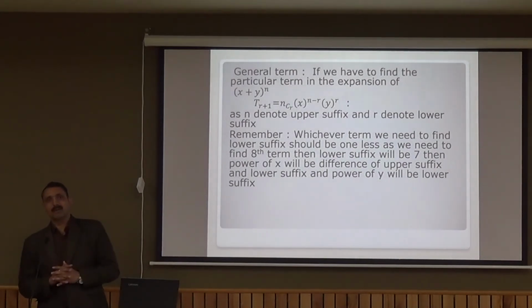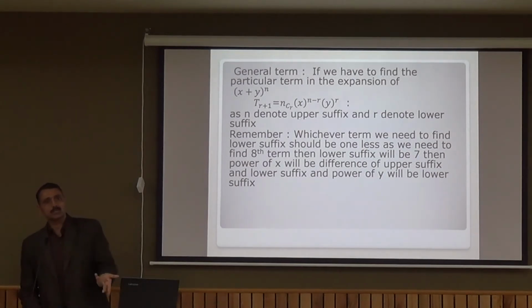Now we are coming to find the general term. As I have explained earlier, what do we mean by the general term? He can ask you to find any term in the given expansion. Suppose (2x+3y) raised to power 20. The index is 20. As I told you earlier, for (a+b) raised to power 20, the total number of terms will be 21.